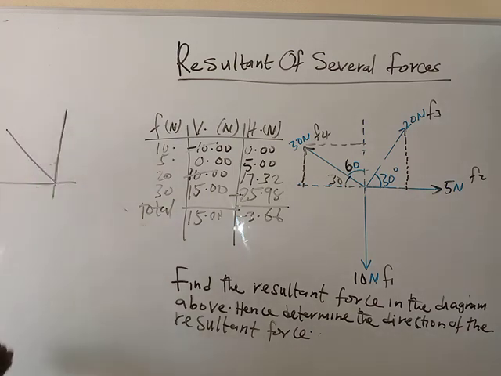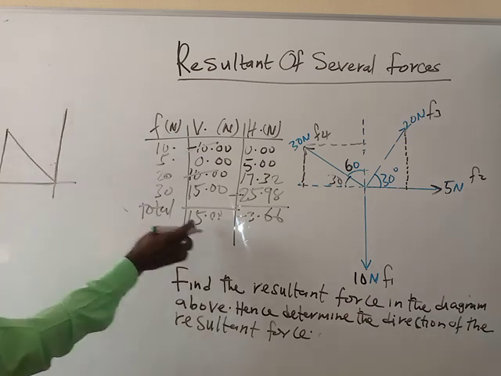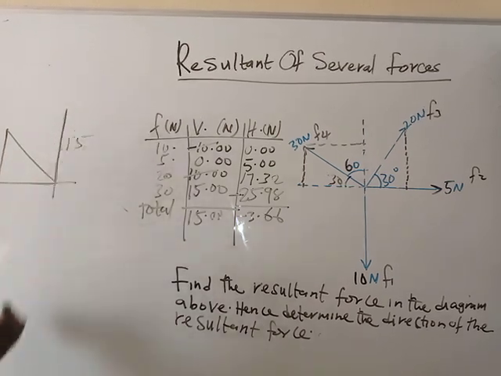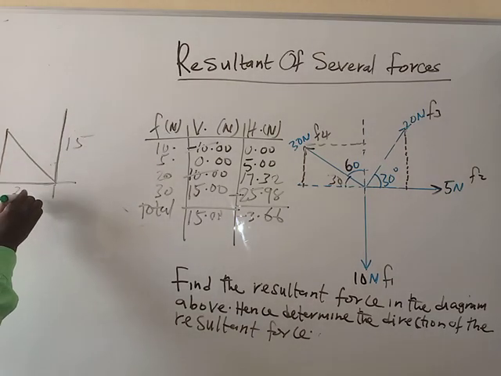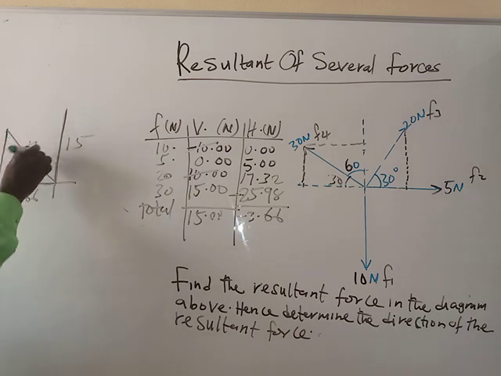Then you join this together like this, or draw a line from here to serve as your resultant. Then this vertical is 15. This one is 3.66. Then bring this 15 here, same thing. Then the next thing is to find what? Use the Pythagoras theorem to get this resultant.